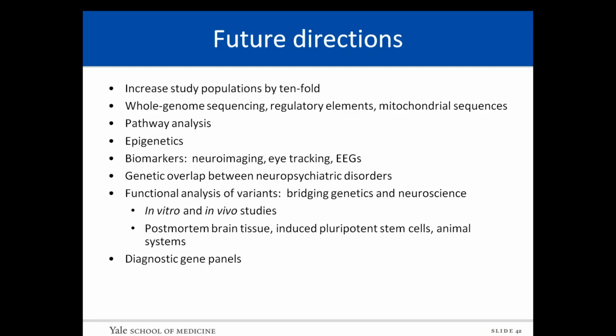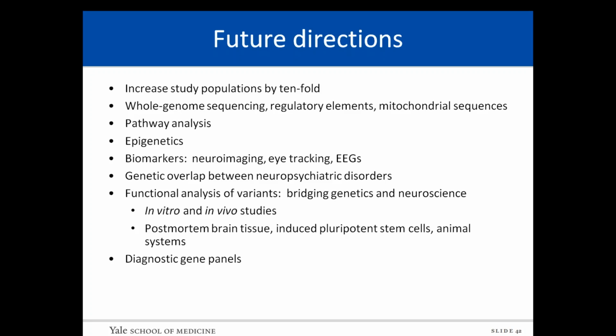Looking for biomarkers is another hot topic, from things like neuroimaging and eye tracking, EEGs. So even with gold standard diagnostic instruments, diagnosing autism is still very subjective. So try to reduce some of the heterogeneity in the study populations.